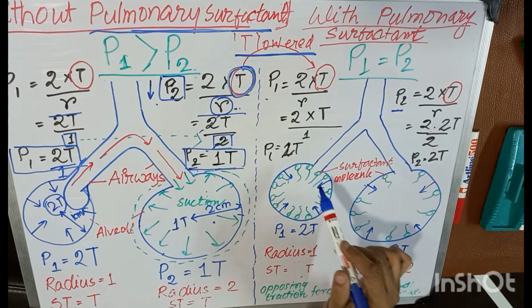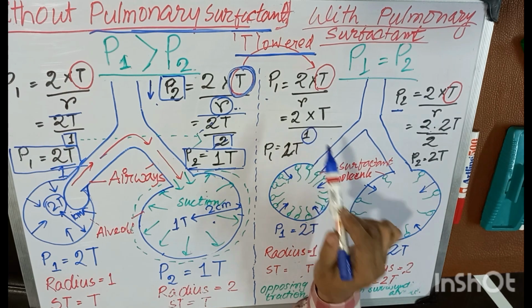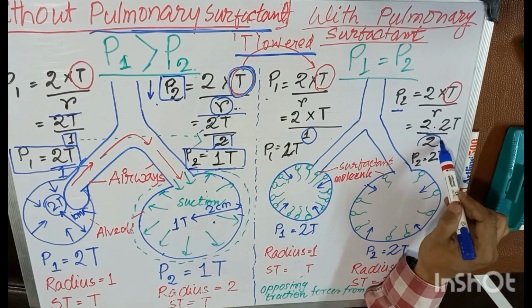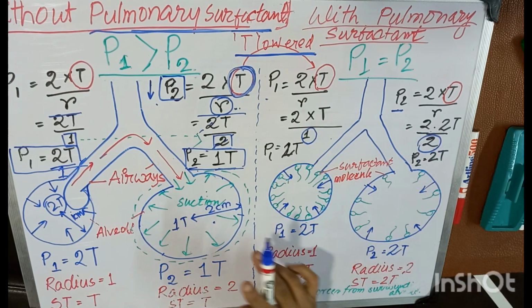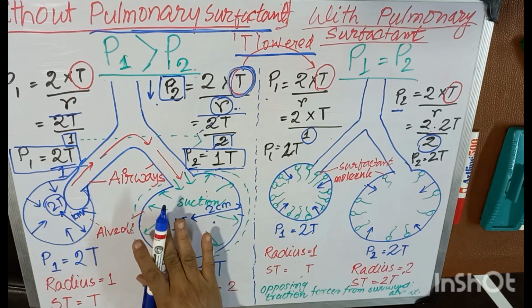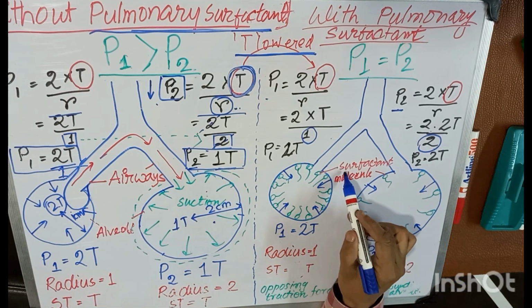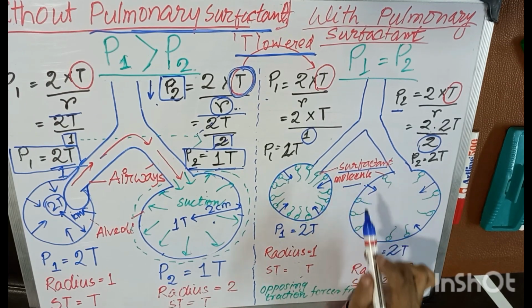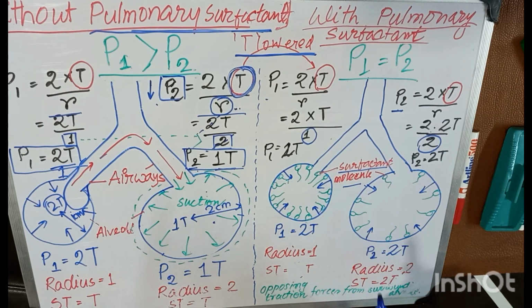So this is say 1 centimeter, and this is an expanded alveolus of 2 centimeters. Now there is a different scenario here. Why? Because there are surfactant molecules here. So what is that difference in scenario that I am going to explain?